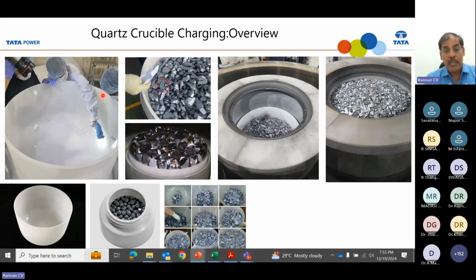Since we are using silica-based crucibles in the CC process and also the previous DSS process, the amount of oxygen infused from the crucible wall into the molten silicon is unavoidable.